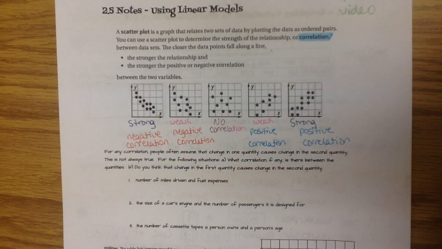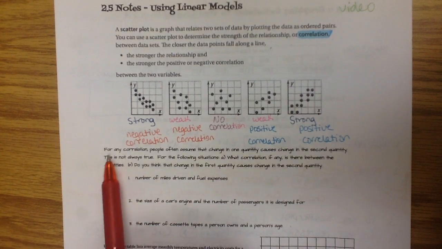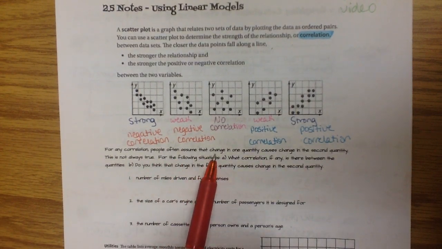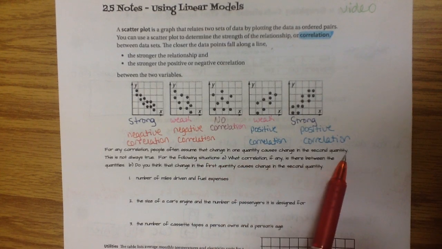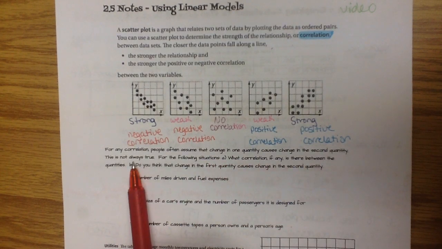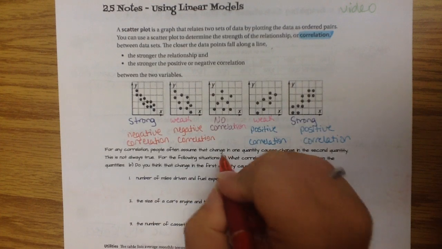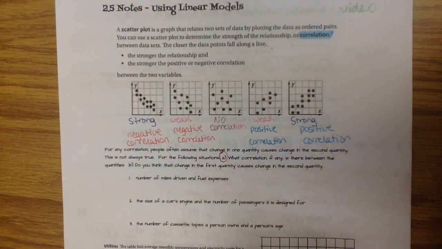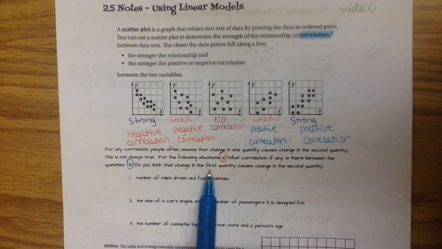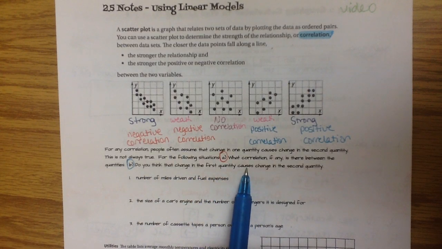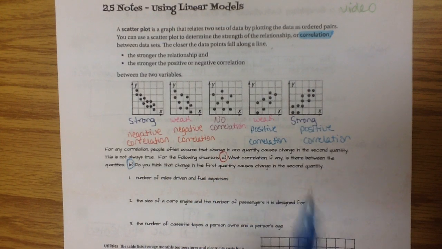So down here, it wants us to know, for any correlation, people often assume that if one thing changes, then the other thing would change, but that's not always true. So for the following situations, I want to know, A, what correlation, if any, is there between the quantities? And B, do you think that a change in the first thing makes the second thing have to change?